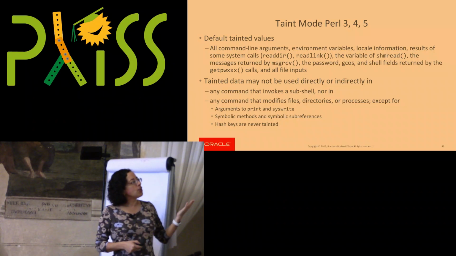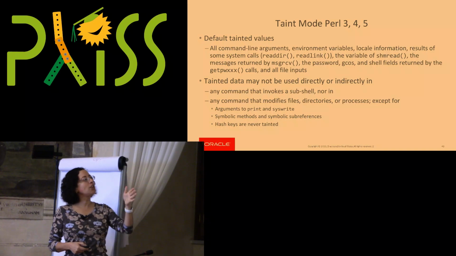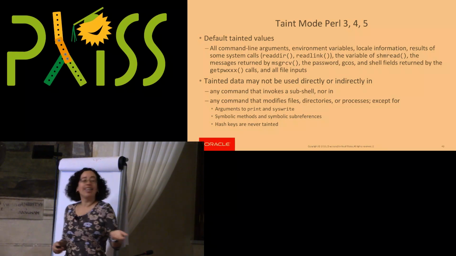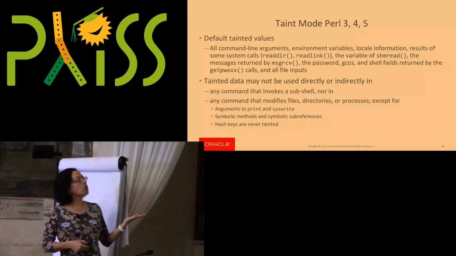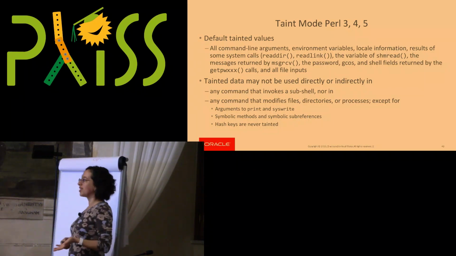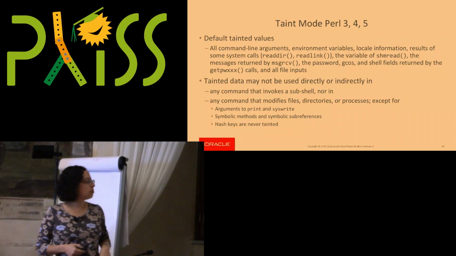Then when they're tracking the tainted data, what they're trying to do in the runtime system is to check that that data is not going to directly or indirectly reach commands that invoke a subshell, because of course that could be bad, and also commands that modify a file, a directory, or a process, because again, you may be doing something pretty bad.